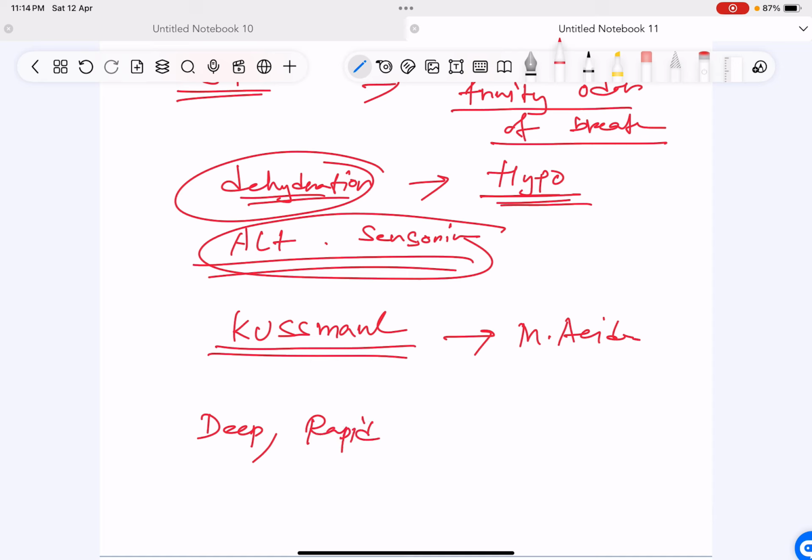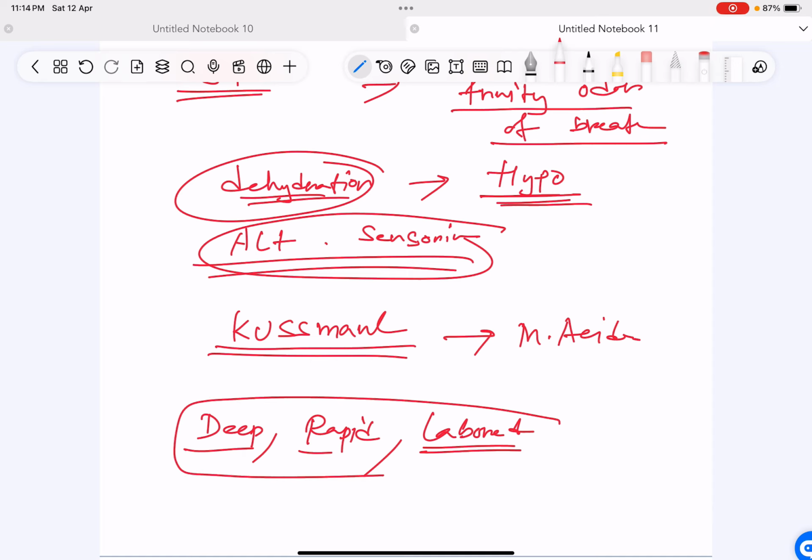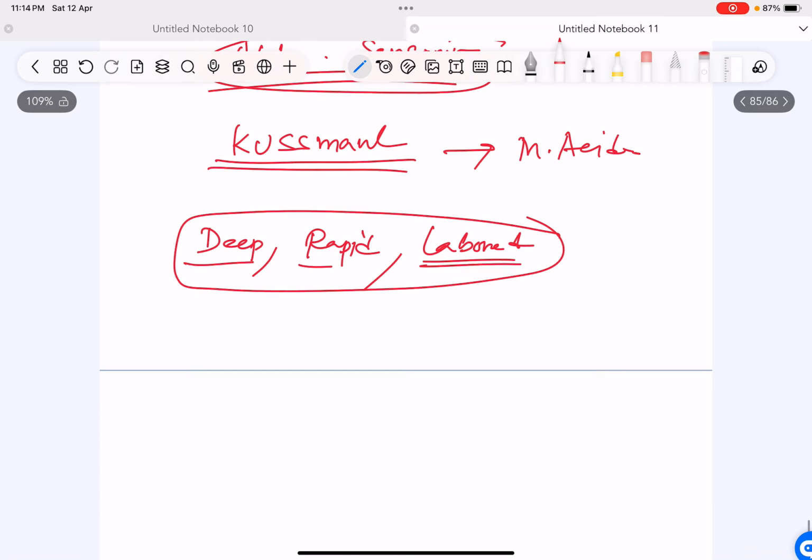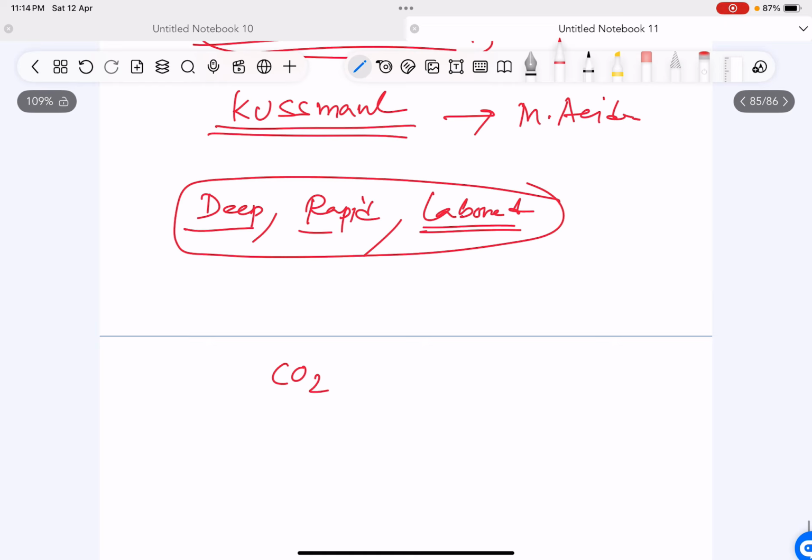Deep, labored, rapid breathing, which is seen as a compensatory mechanism to metabolic acidosis, because by this breathing the person is washing away carbon dioxide. Carbon dioxide is your acid. So by washing away CO2, the body is compensating for the metabolic acidosis. The body attempts to blow off the CO2 via the lungs.